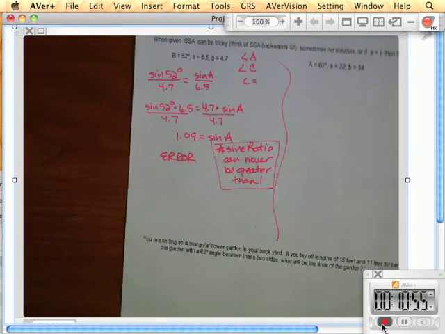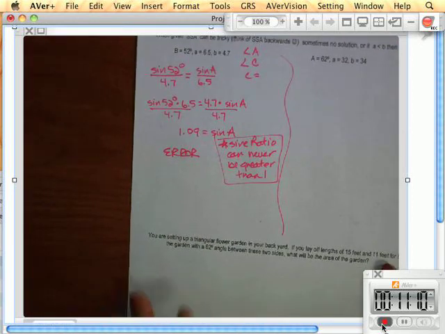It's not a triangle. It won't work. It doesn't make a triangle, that's why. There's no two side lengths, opposite and hypotenuse, that will make a ratio that has a value greater than 1, ever in a triangle. Okay? Does that make sense to you?